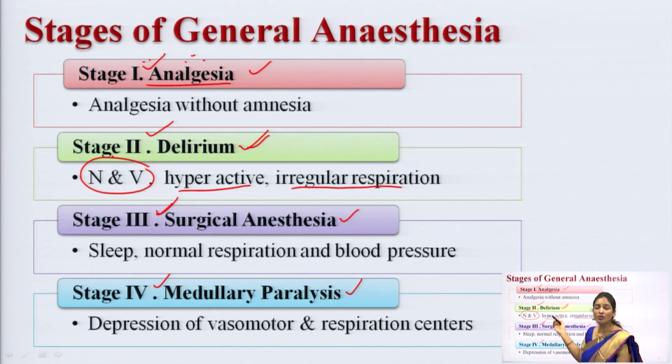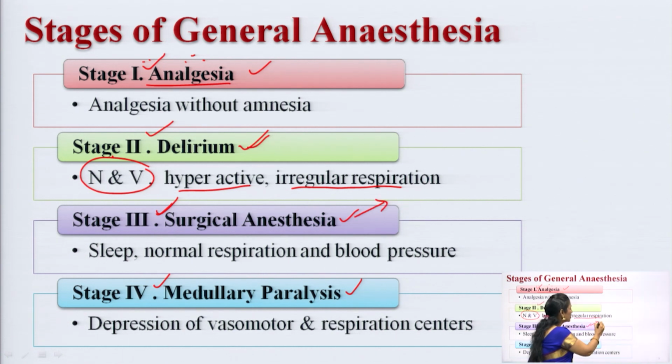If I am talking about this stage 3 anesthesia, it has been further classified into 4 planes: plane 1, plane 2, plane 3 and plane 4. Okay. Now, this surgical anesthesia has been classified into 4 planes. Okay.